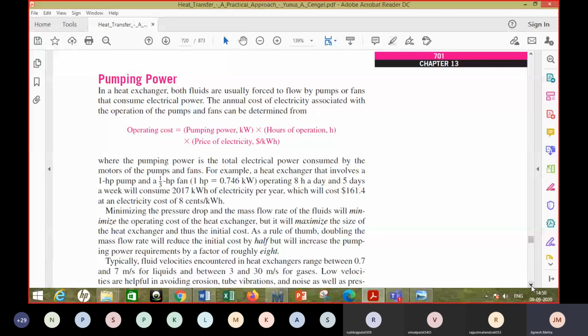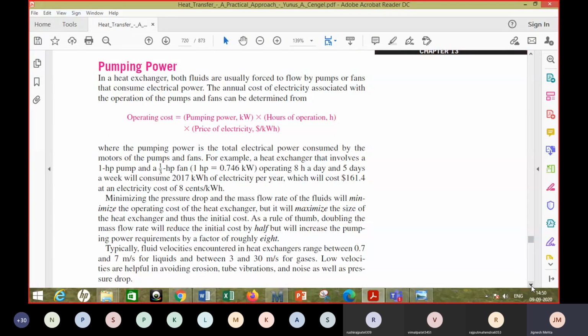So if you increase Reynolds number, then heat transfer coefficient would certainly rise, but then the same thing would be responsible for increase in velocity and higher pressure drop. So that would increase the pumping power.